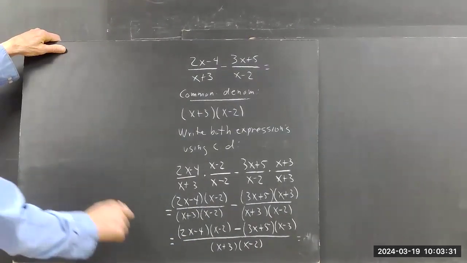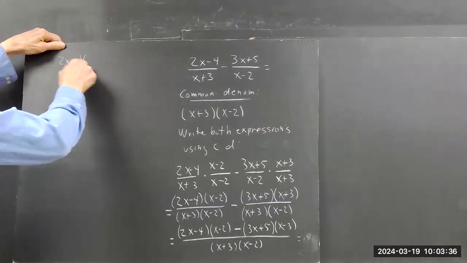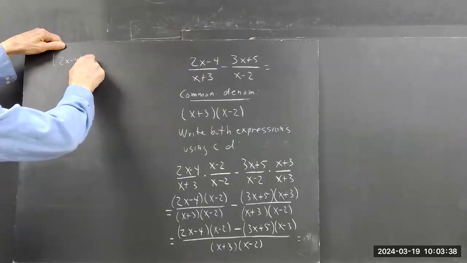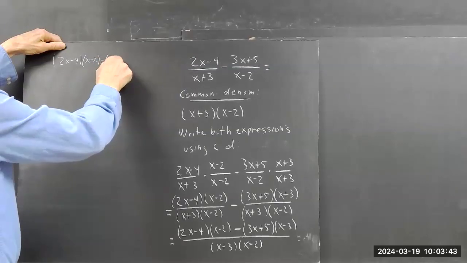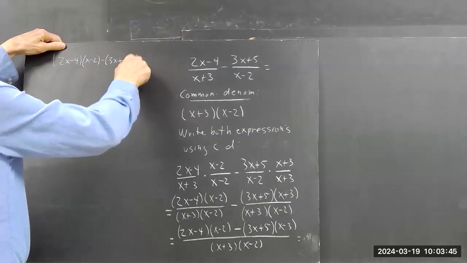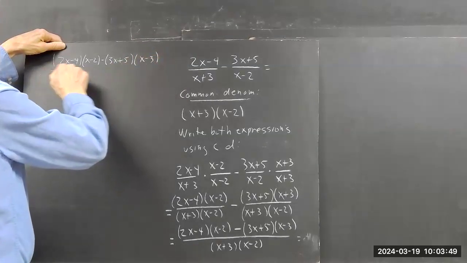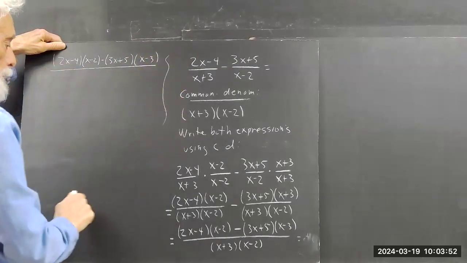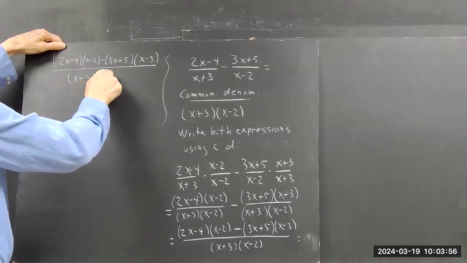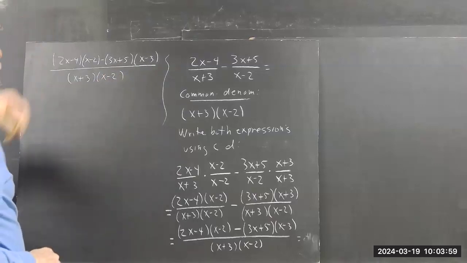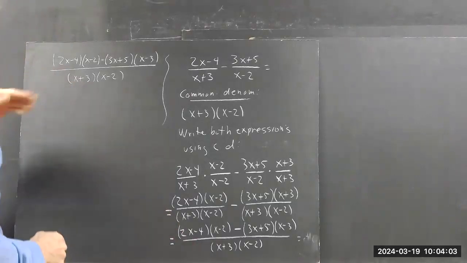Okay, so we'll bring this up here. We have 2x minus 4 times x minus 2 minus the quantity 3x plus 5 times x minus 3, all divided by x plus 3 times x minus 2. I've just copied this down.